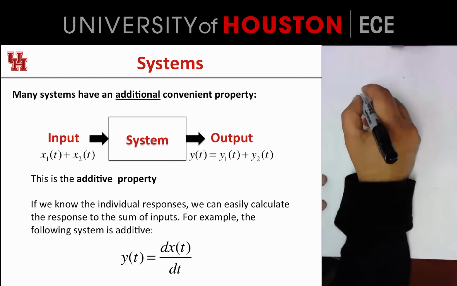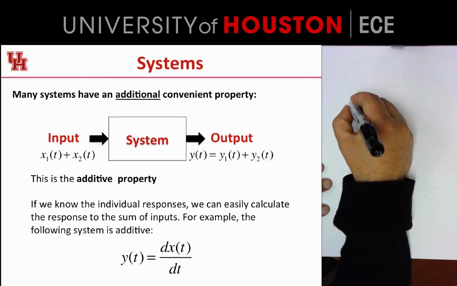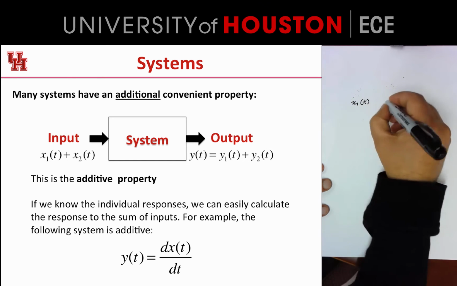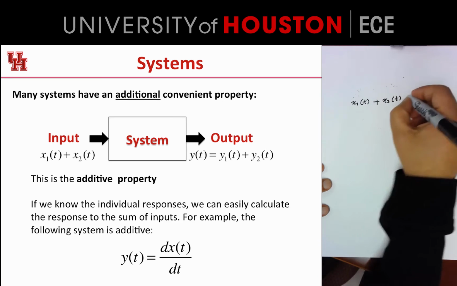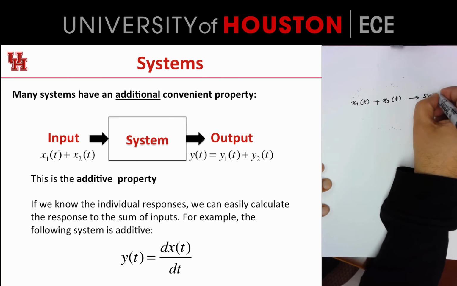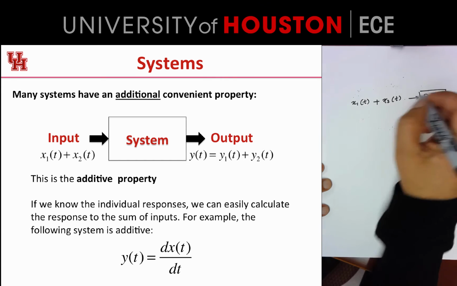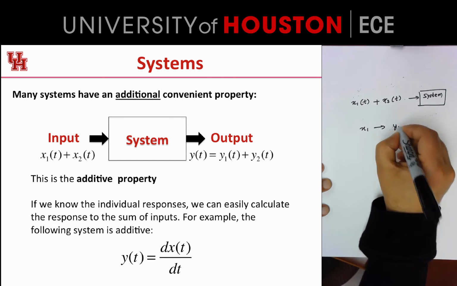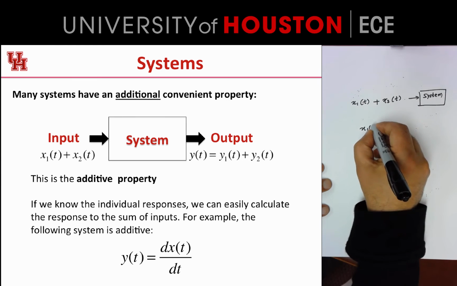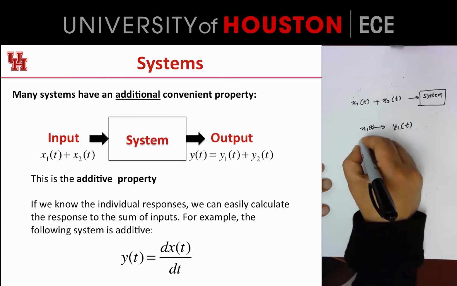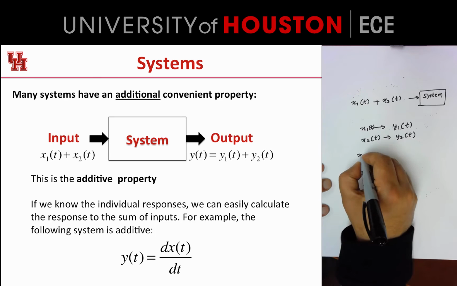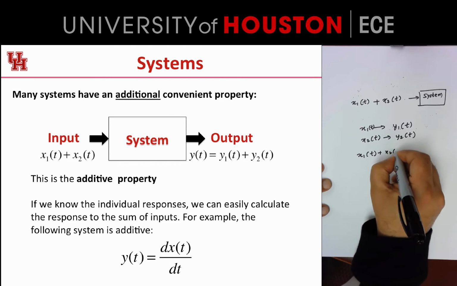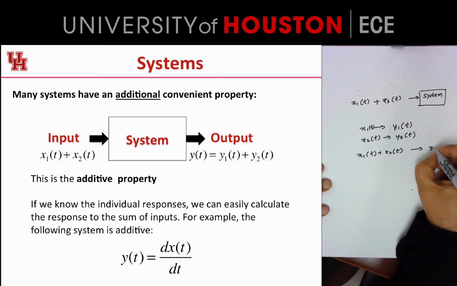Basically, if I have two different signals, x1 of t and x2 of t, and I supply the sum of these two to the system, and if x1 of t as an input produces y1 of t, and x2 of t produces the output y2 of t, then giving x1 of t plus x2 of t will produce the signal y1 of t plus y2 of t.